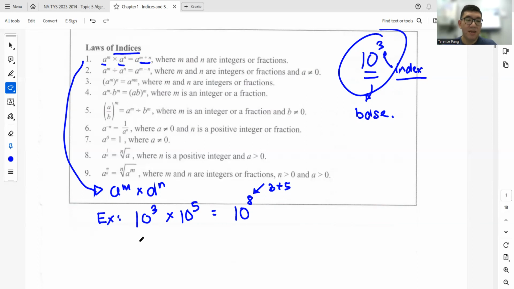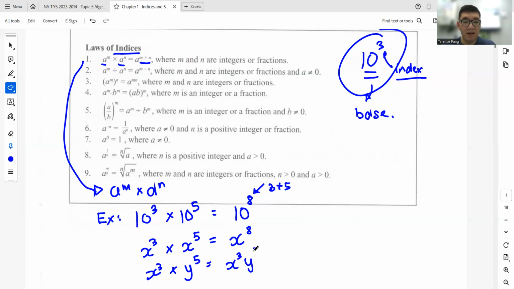For example, in algebra, x cubed times x to the power of 5 gives you x to the power of 8. If it's a different base, x cubed times y to the power of 5, then it will simply be x cubed y to the power of 5.